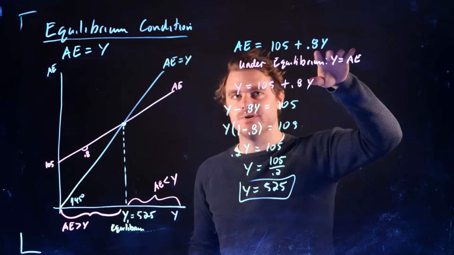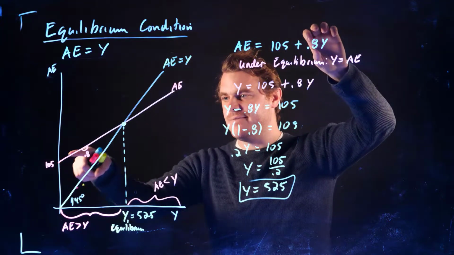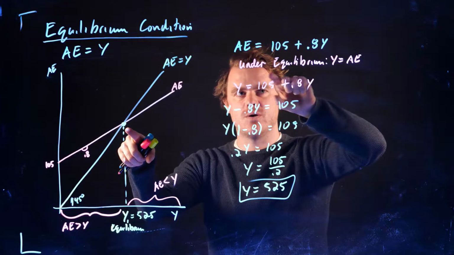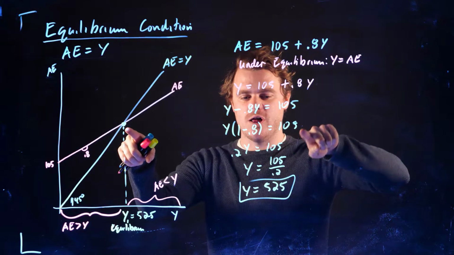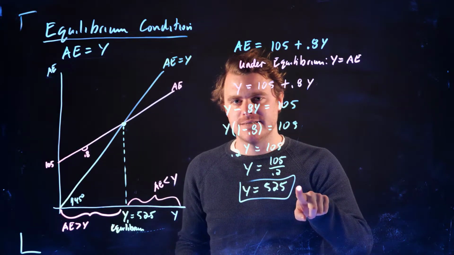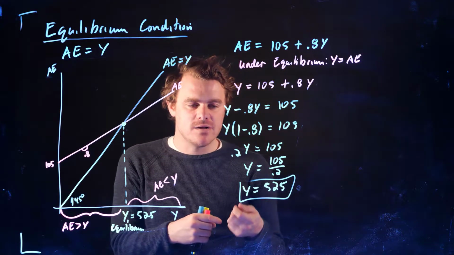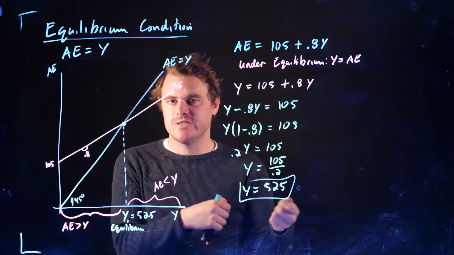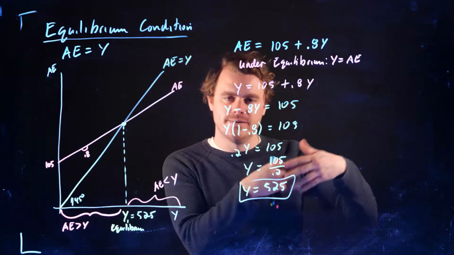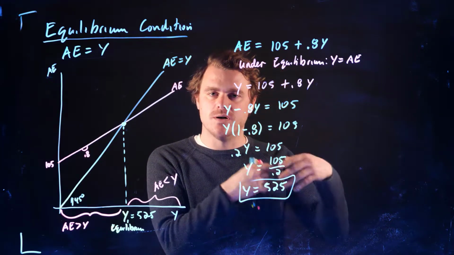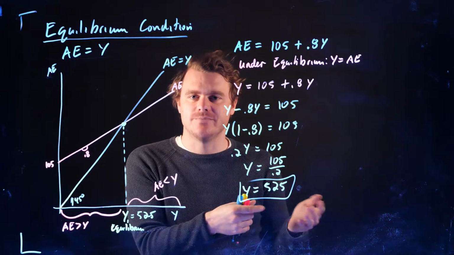If we want to solve for this, we just set our AE function equal to Y, which is what we did right here, and we solved for Y and got 525 in this example. If we have numerical examples, we'll get numbers out of it, but if we just have letters, Y will equal some expression.